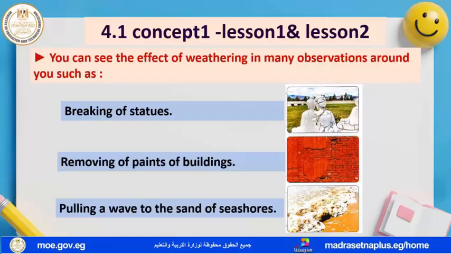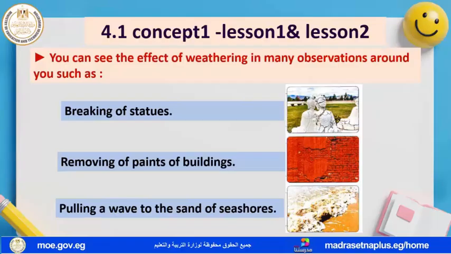So we have three examples of the effect of weathering. Number one, breaking of a statue. Number two, removing of paint from buildings. Number three, waves pulling the sand of seashores. Sometimes, my dear students, you are given a picture and asked what you observe.